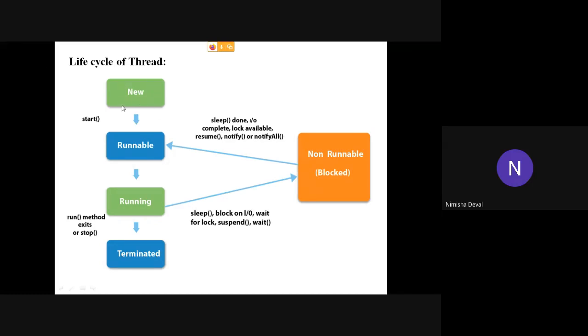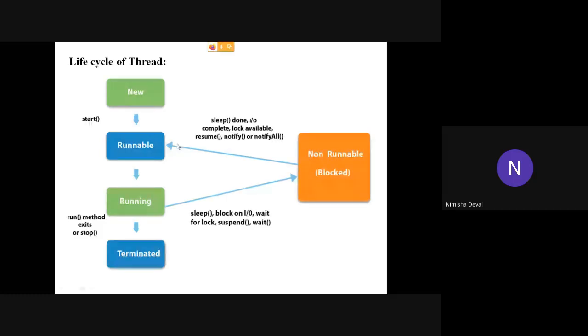Before starting, the thread is in this state, and after starting, the thread is in the runnable state. The thread is in the runnable state after invocation of the start method, but the thread scheduler has not yet selected it to be the running thread.